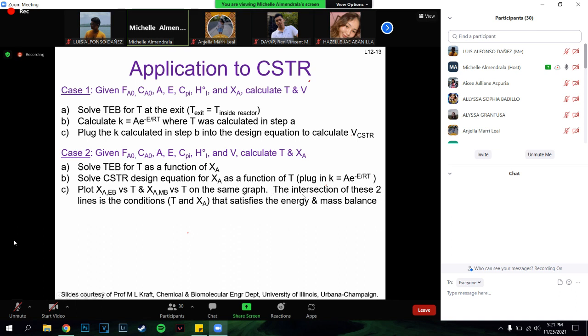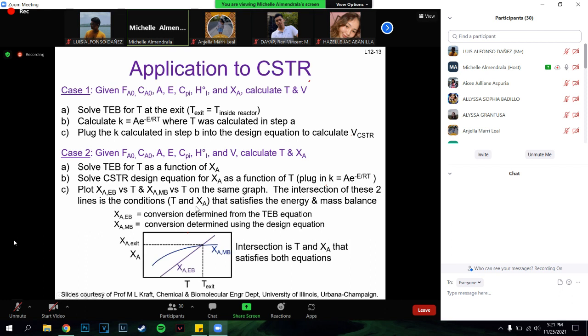So the intersection of these two lines is the condition of T and XA that satisfies the energy and mass balance. So graphical. Since the final conversion, whether you use the energy balance or material balance, will be the same, the intersection of the two will give you the final temperature as a function of the final XA. Okay. All right.